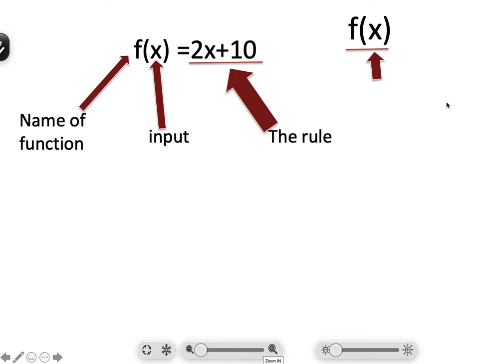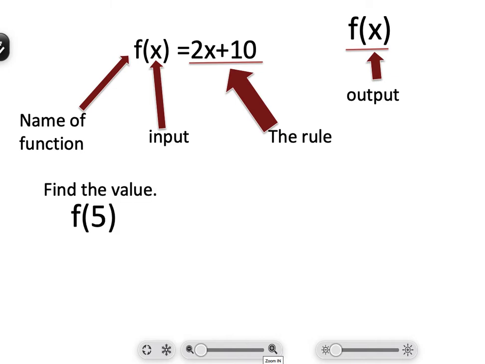That's the rule. This is a little tricky for students, but when you have the name and the input like this, we've named the input, so we must have an output. The rule gives you the output, and that's another way of saying it.